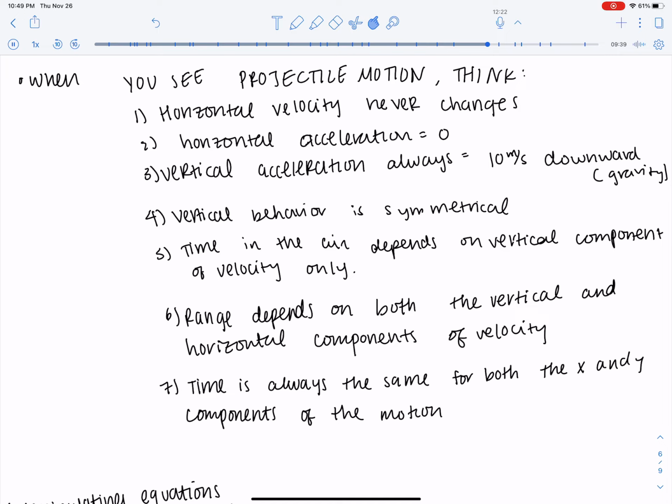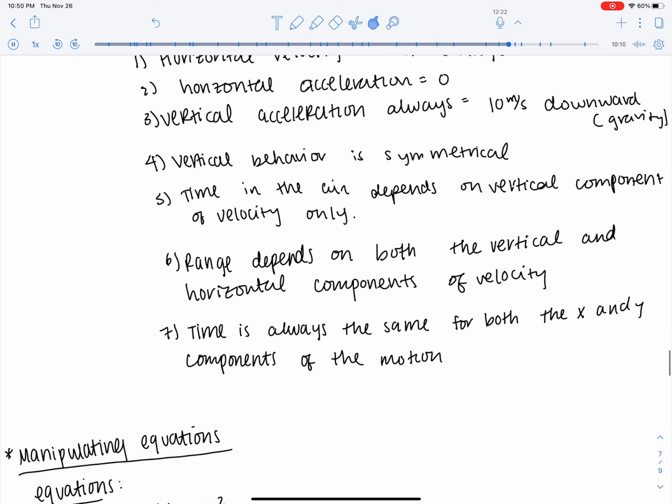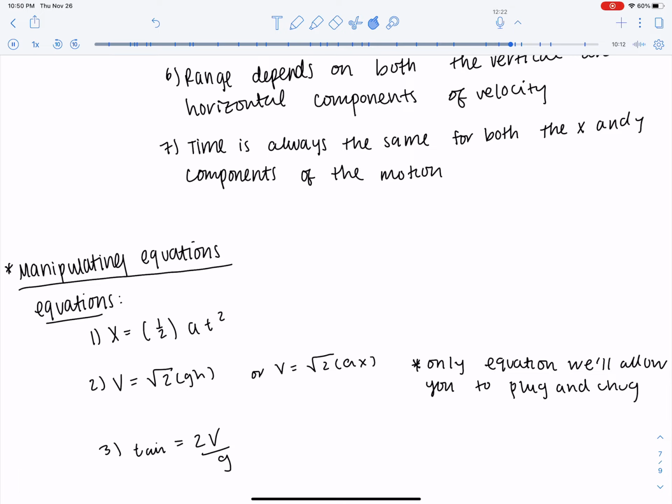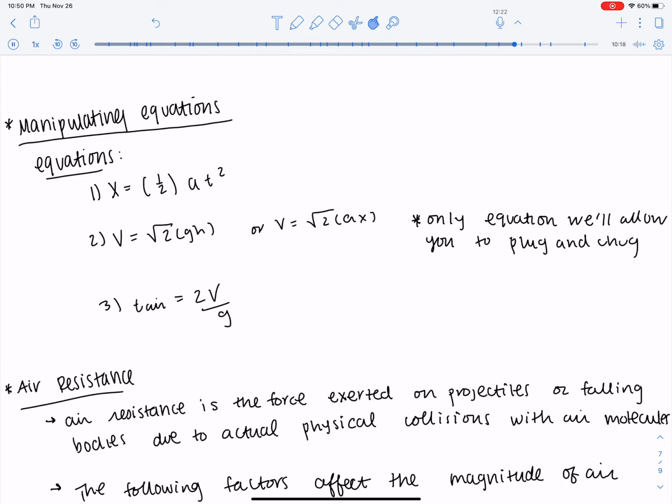Then, as we mentioned, for the MCAT we have to know how to manipulate equations, and so the book gives us several equations, and we have to learn how to use them. It also talked about how for the second equation, the velocity equals the square root of 2 times gravity or acceleration times height or displacement, and it's probably the only equation that we will plug and chug.